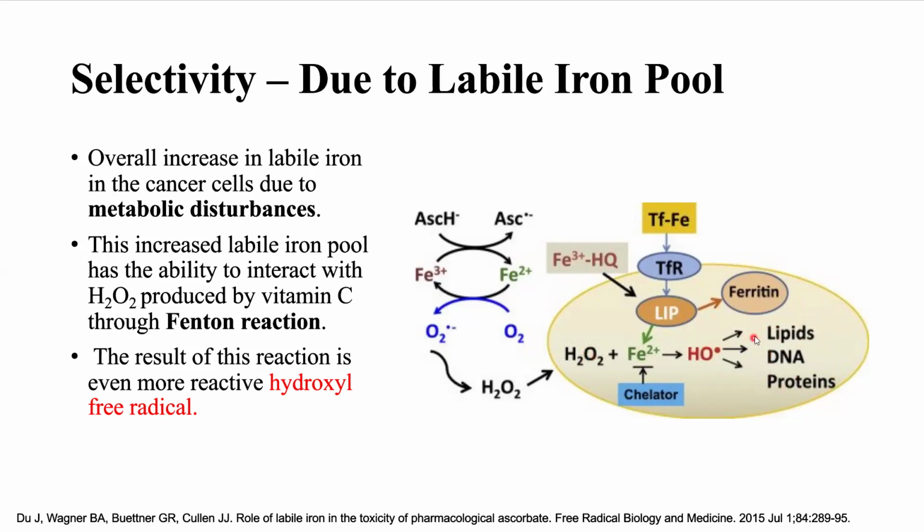And then when hydrogen peroxide comes over here, it is going to bind, or you can say react with that iron. And then it will cause the production of hydroxyl radical over here. And because it is so near to the lipid, it is going to cause damage to the lipid. And this is a site specific reaction or damage.